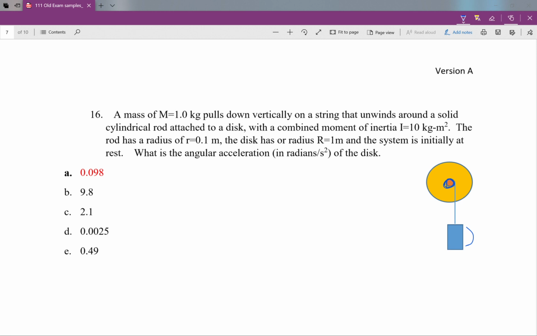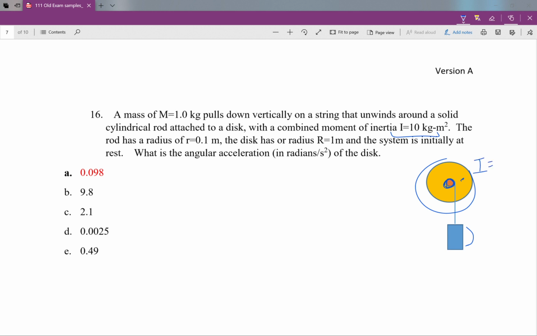Now, the cylindrical rod is attached to the disc, and both of them, the rod and the disc together, have a combined moment of inertia of 10 kilogram meter squared.